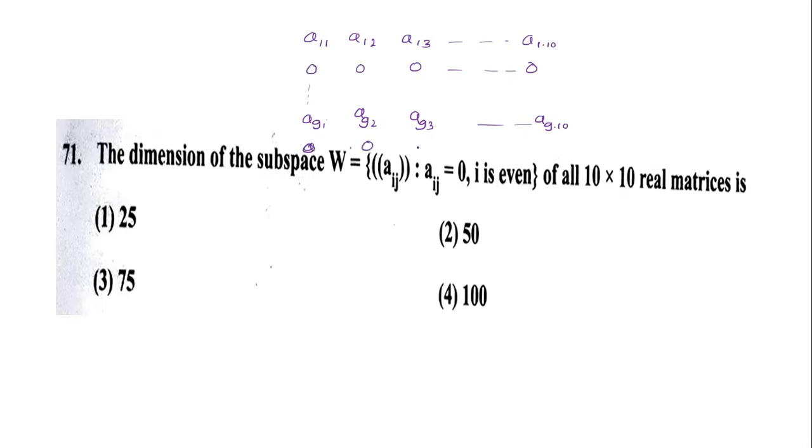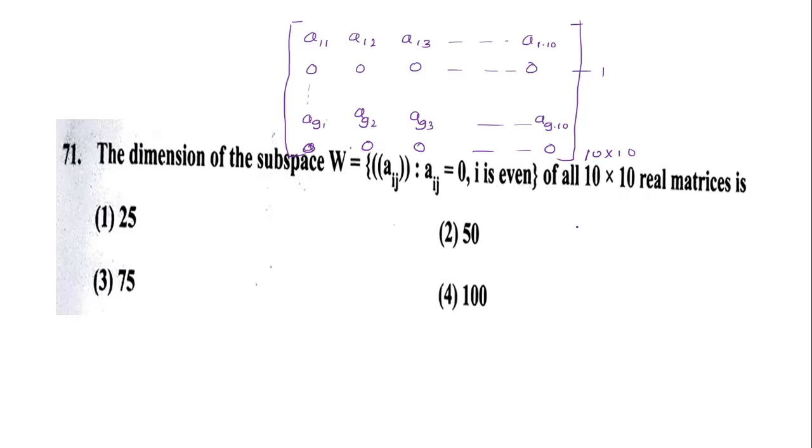Here 0, 0, because i is 10, even, means 0 and so on. Like this, the order of this matrix is 10 into 10. Here rows 2, 4, 6, 8, 10, that is 5 rows, are 0.